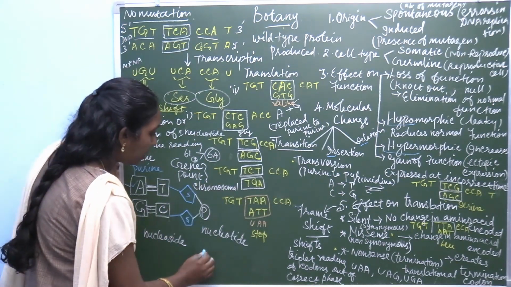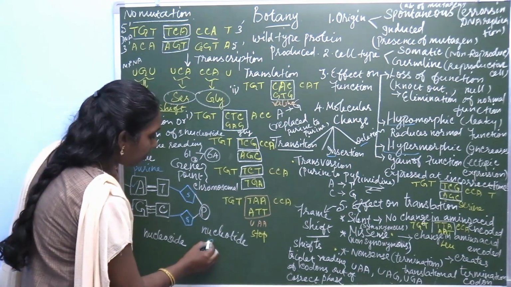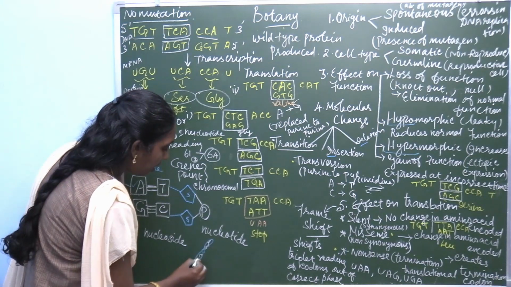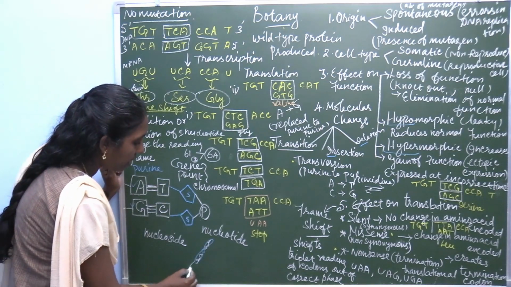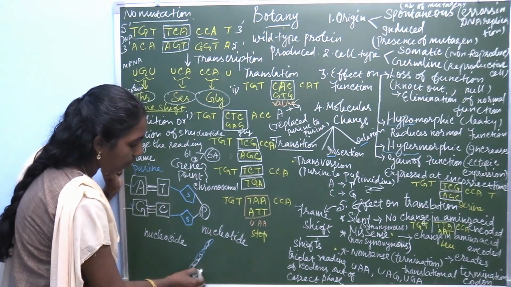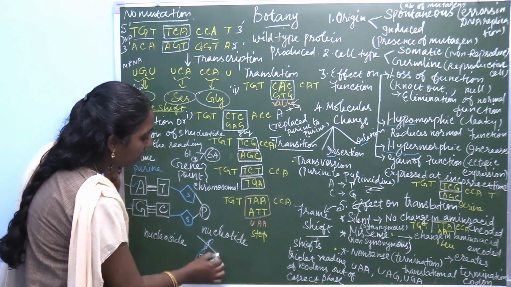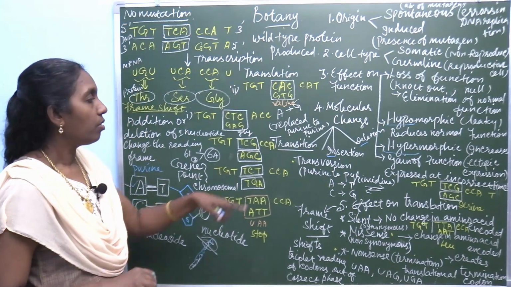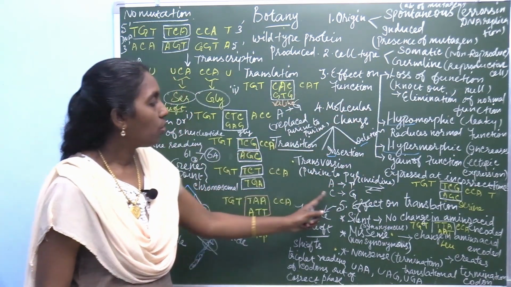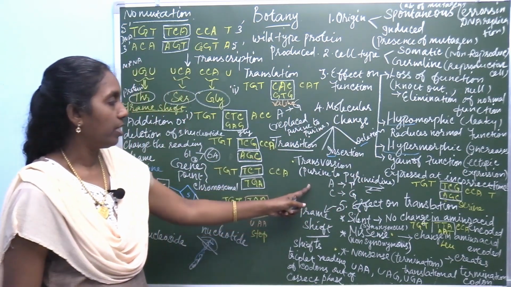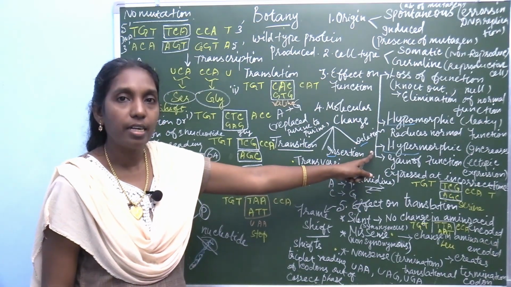For example, if you see this chromosome with A, B, C, D, one more is added, or one is deleted, such as A being deleted. So addition, deletion, indel. This all changes the molecular structure: transition, transversion, insertion and deletion.